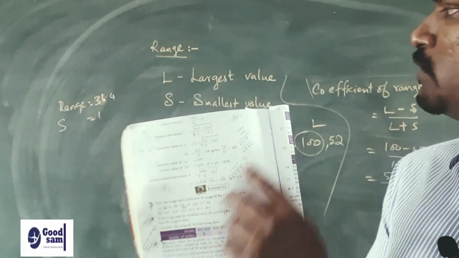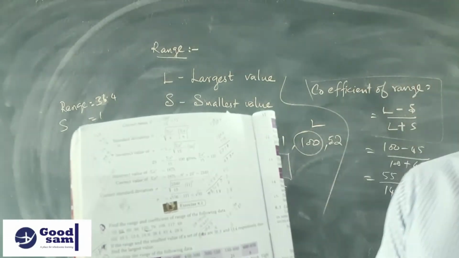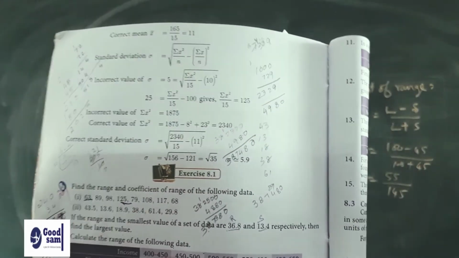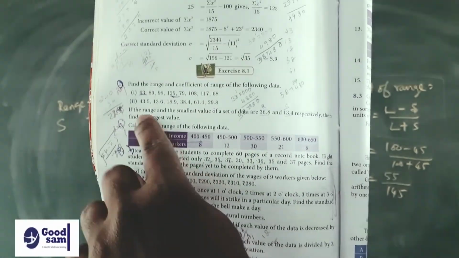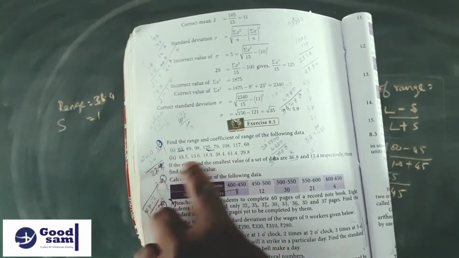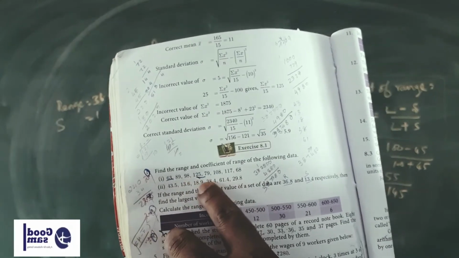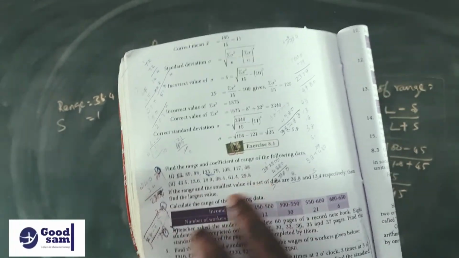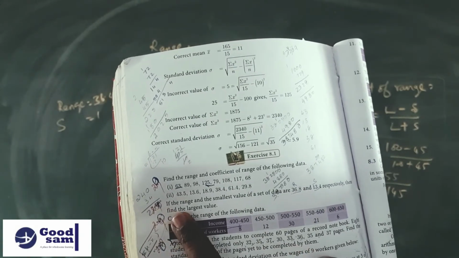Then using this formula, you can find the range and the coefficient of range. Then look at the second question. Here also we have to do like that. We have to find the L and S, select the S and L, then using the formula we can find.